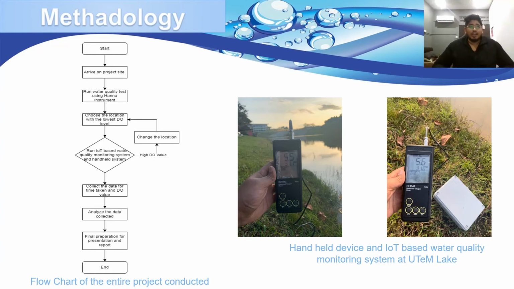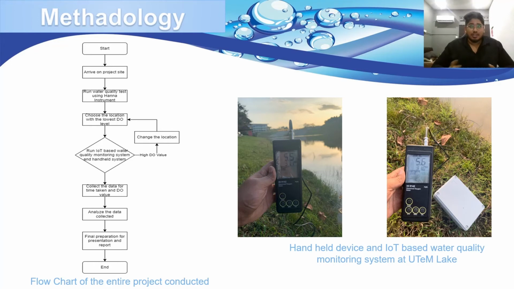After that, I run the water quality test using the HANA instrument first before applying my instrument. Using the HANA instrument, I go around the lake trying to find the location that has the lowest dissolved oxygen value, because that's the location that determines the whole lake's dissolved oxygen value. Because if you get the lowest already, then you don't really have to worry about the highest. High is good and low is bad.